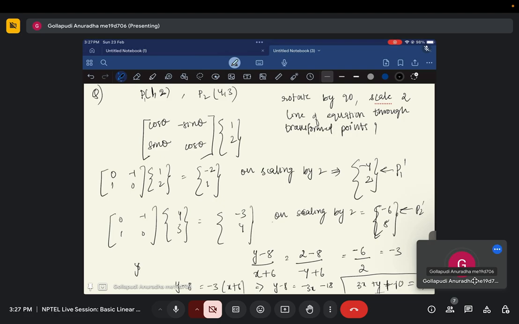Ma'am, is the rotation matrix fixed, or can we switch the minus sign in sine theta? The rotation matrix that you have taken is cos theta, minus sine theta, sine theta, cos theta. My question is, is this rotation matrix fixed, or can we change the sign in the second row, first position?